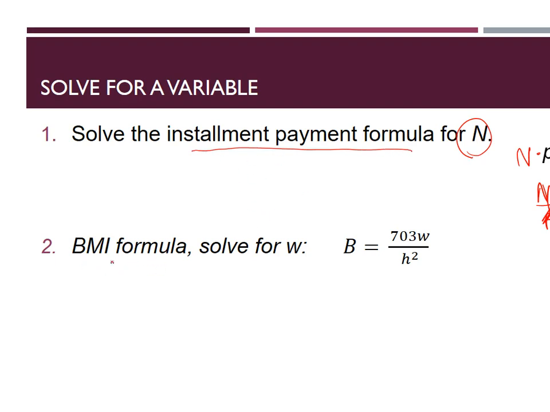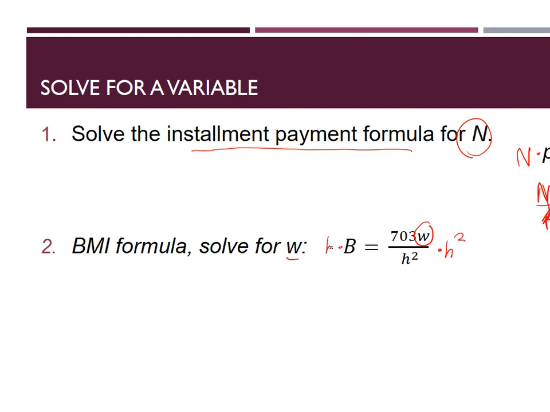BMI formula, that's calculating your body mass index for fitness reasons. So this is using your weight and your height. So if I'm solving for W, if I'm solving for my weight, that means get W alone. So I have to get rid of the 703, and I have to get rid of the h squared. First thing you're going to do is get rid of what's in the denominator, so I'll do that by multiplying.